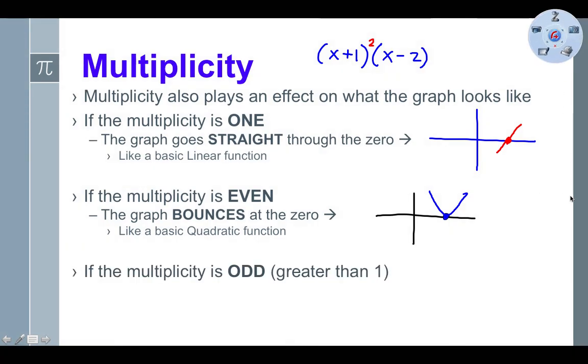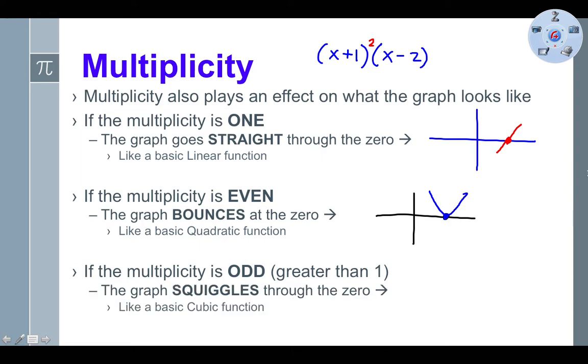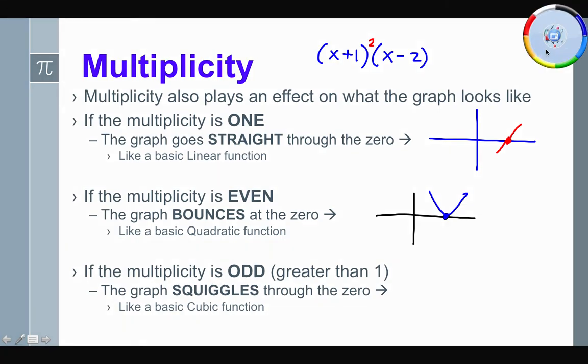And the odd multiplicity that is greater than 1 does a simple squiggle through that zero. Now this one is a little bit more challenging to graph, but not outside of what we can do. A basic cubic, by the way, as I mentioned down here, looks like this.